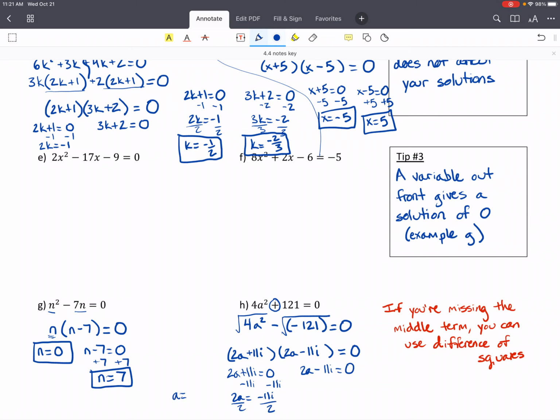So a equals negative 11i over 2 as one of my solutions. And a equals positive 11i over 2 for my other solution.